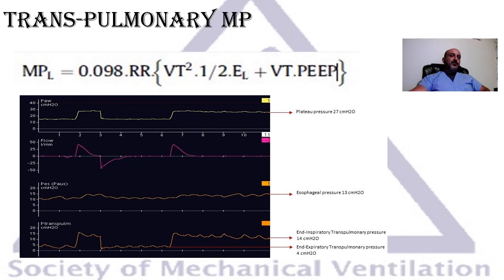So why is transpulmonary mechanical power important? Because we're now using the transpulmonary driving pressure, which really represents the strain affecting the alveoli. We know strain is related to the transpulmonary pressure.